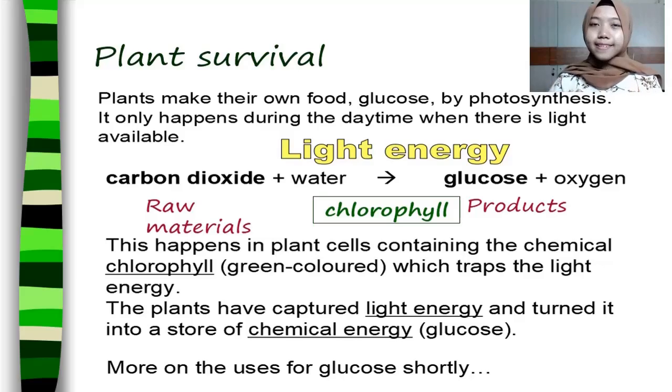This happens in plant cells containing the chemical chlorophyll, green color, which traps the light energy. The plants have captured light energy and turned it into a store of chemical energy, glucose. More on the uses for glucose shortly.